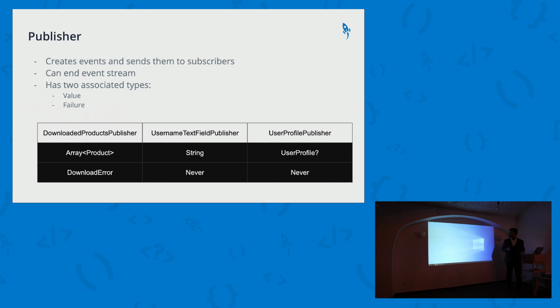And user profile can send, again, values, and the values can be optionals, and it might never fail, right? So it's important to think about publishers that have associated types, and there are always two associated types: one for the value and one for the failure.